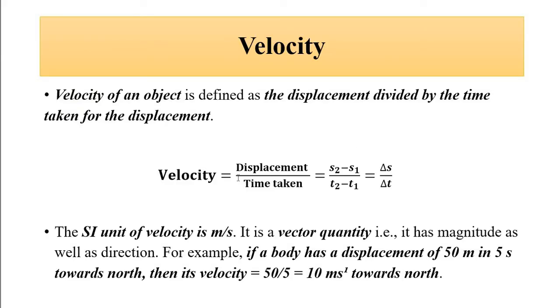So displacement comes into play here. The velocity of an object is defined as the total, net displacement divided by the time taken for that displacement to take place.